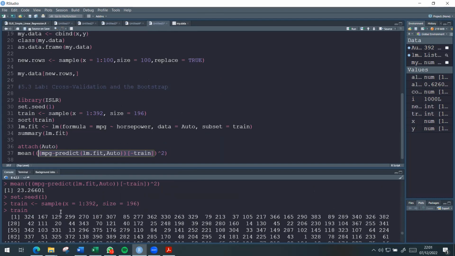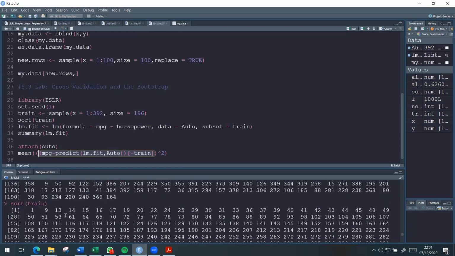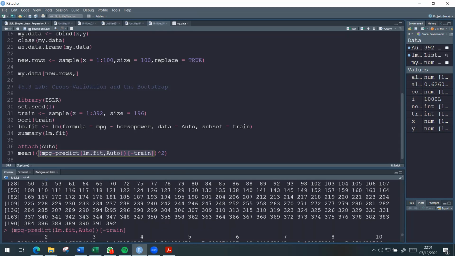Okay, so it's clearly, oh no, this is 2, 3, 4, 5, 6, 7, 8. No, this is fine actually, isn't it? This is fine. But why don't we agree with the book? But yeah, the training is the 1 and then the 9th.